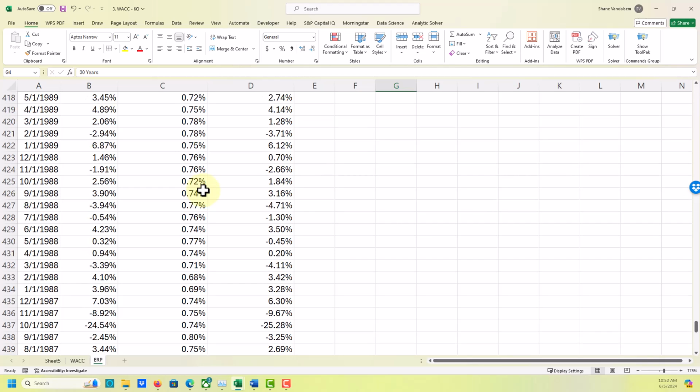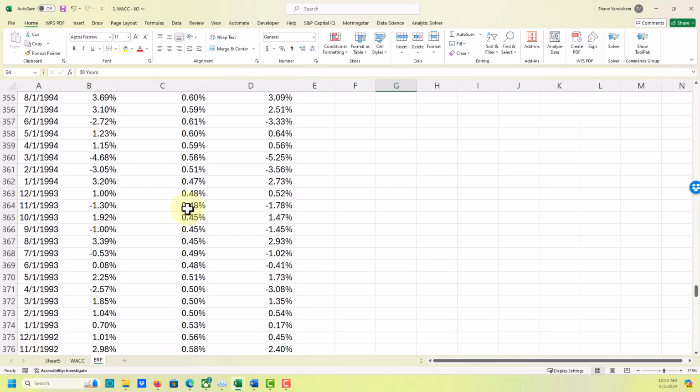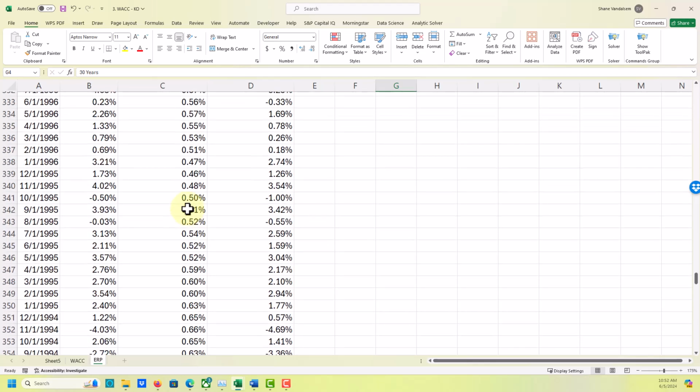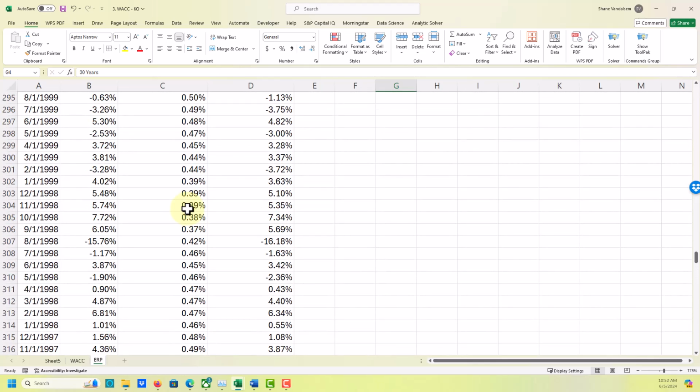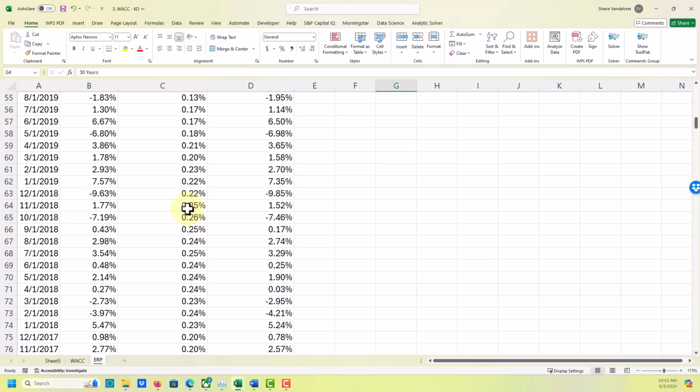So here I'm at 87. You can see this is the monthly rate. So annualizing that would put us at around 8% for our risk-free rate. So we've got a little bit higher, not as high as we had in the 80s, but a little bit higher rate here in the late 1990s than we certainly did later on.